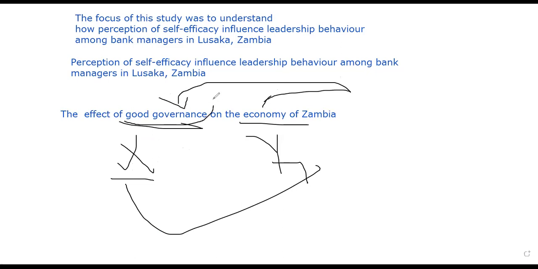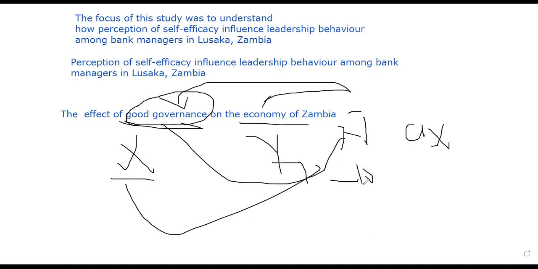Now, there are factors associated with good governance. It could be the taxation policies, the fiscal and monetary policies. I don't know, there are so many factors of good governance. The democracy, the stability, and so on.